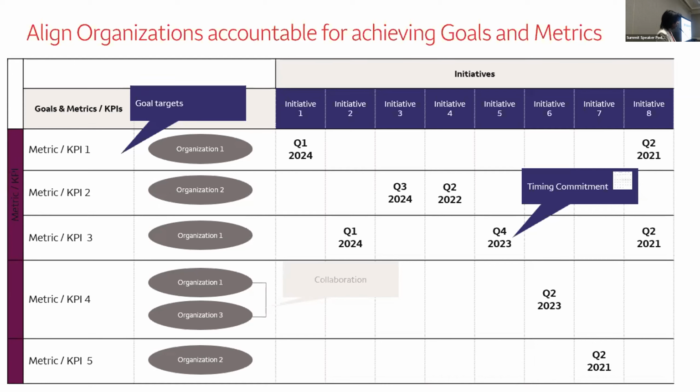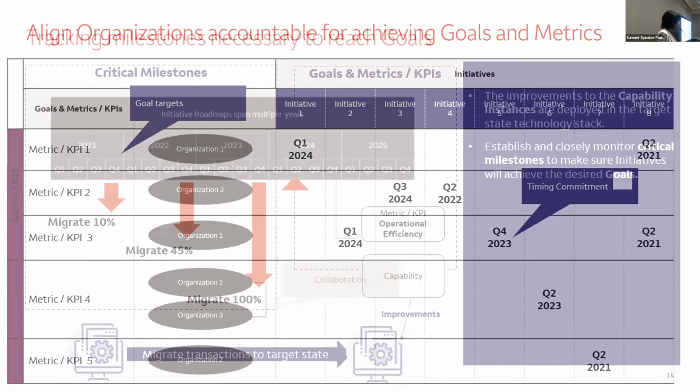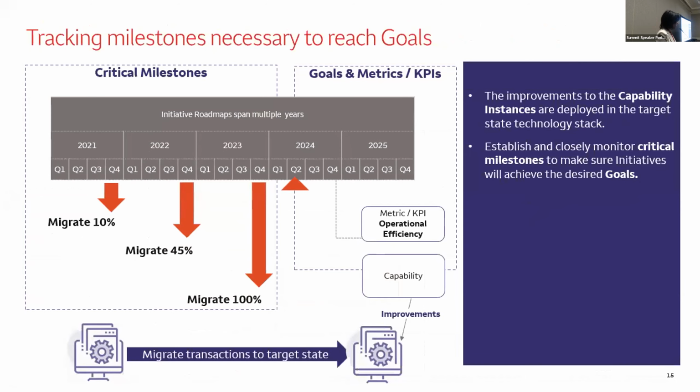And those organizations that were responsible for delivering the capability, whose initiatives we had launched that were impacting the capabilities that needed to be improved, had to agree upon that timeline.